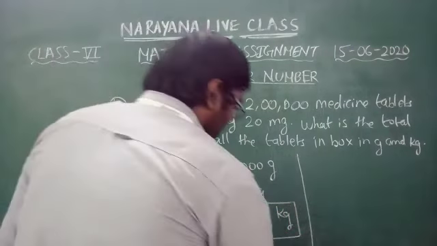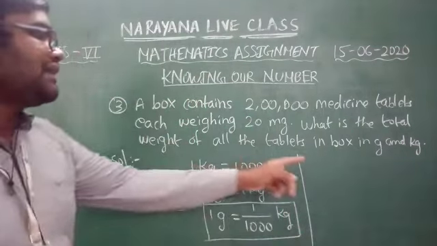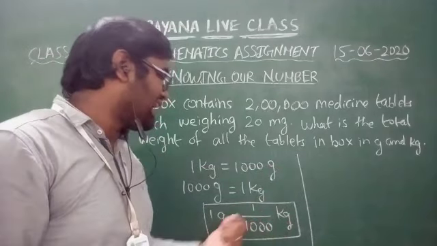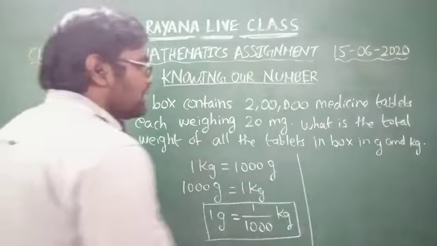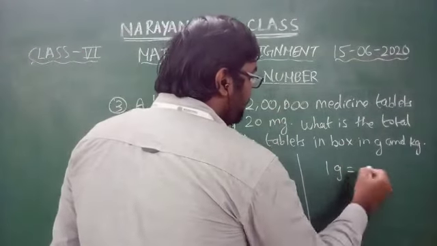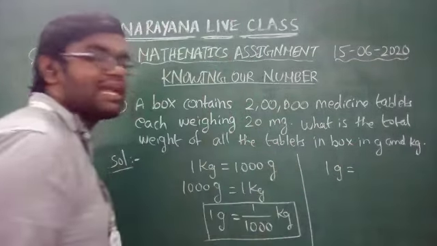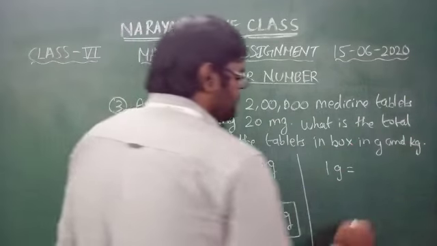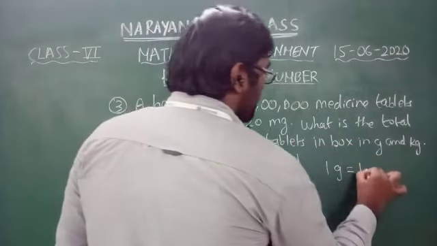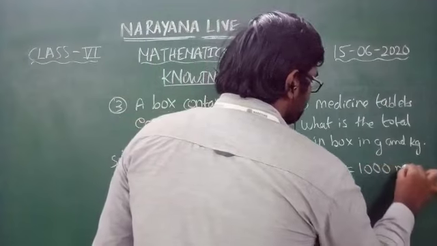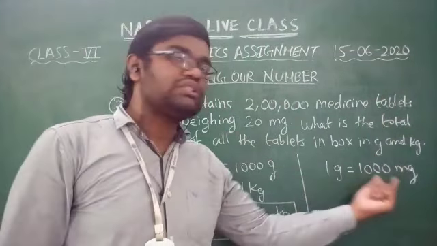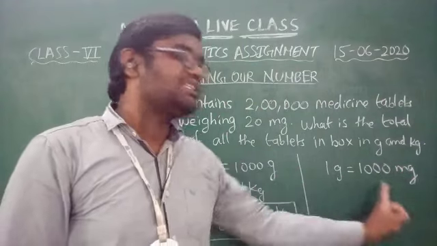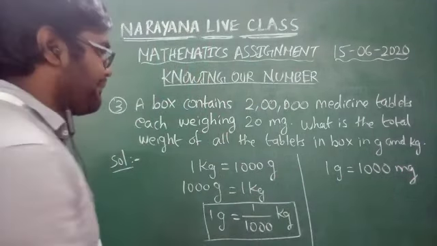1 gram is equal to 1 by 1000 kilogram. Okay students? The next thing: I converted gram to kilogram, but I also want to convert milligram to gram, so we have to know that too. We know that 1 gram is equal to how many milligrams? Same as 1 meter is equal to 1000 millimeters, 1 gram is equal to 1000 milligrams.